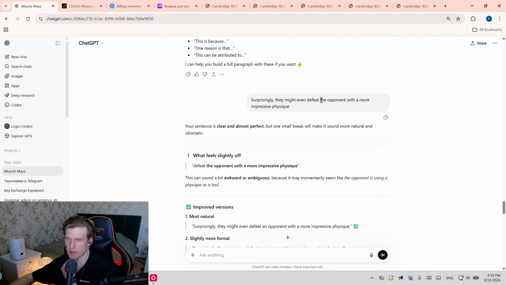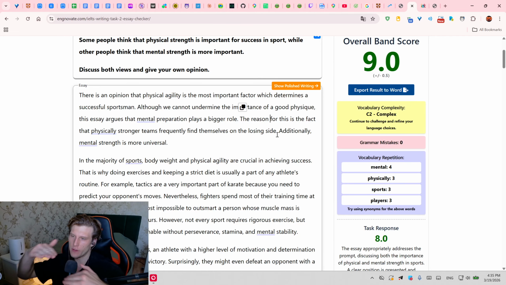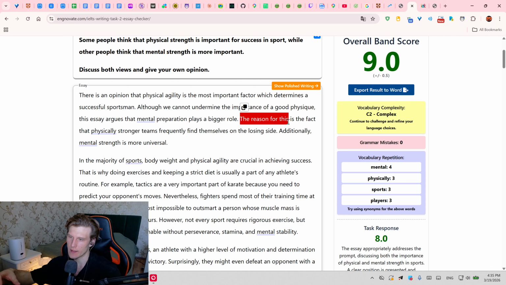Also, changing the opponent to an opponent was a good idea. It's coherence at this point, not cohesion. Cohesion is the logical flow of your ideas. This is cohesion, because this is the connector, basically a cohesive device.